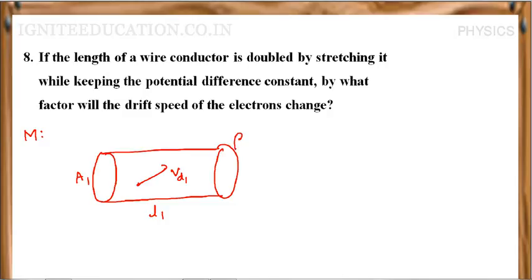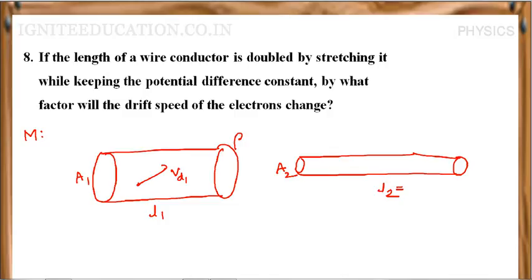You are stretching the same wire such that its length is going to be increased to L2, with a cross-section A2. L2 is the second length, where that second length is equal to double the first length, that means 2L1.